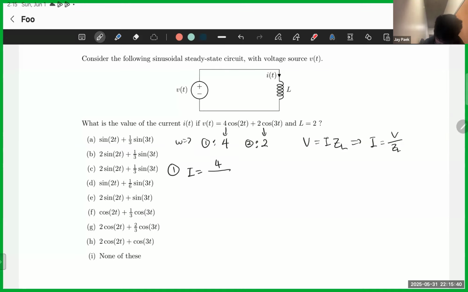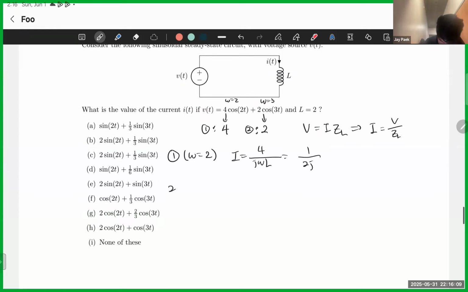Omega equals 2 here, omega equals 3 here. So sorry, I just want to be very coherent here. I is equal to 4 over j omega L, which is just equal to 1 over jL, which is just 2j.